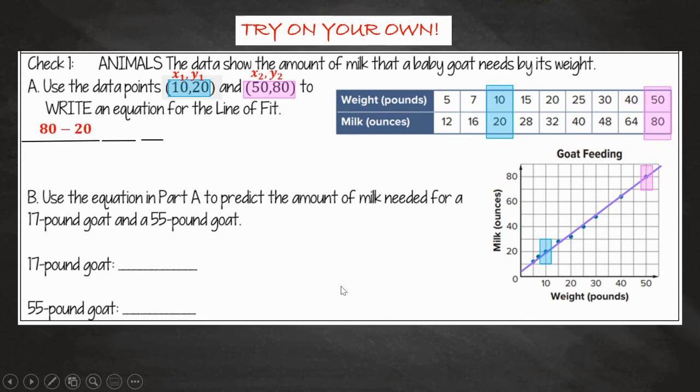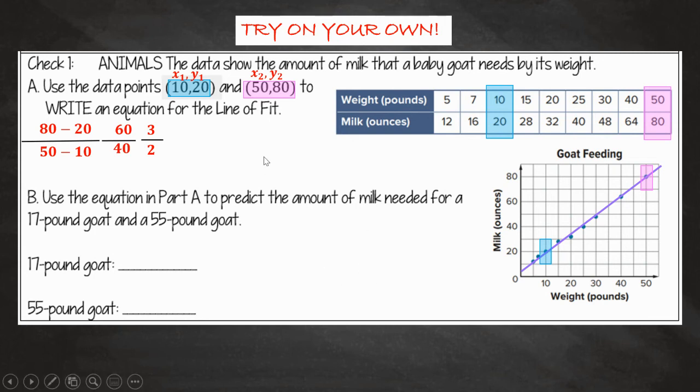Remember to use what you learned from Module 2 as far as how to find your y-intercept, because here our y-intercept is not given to us in the table and it's not a point on our graph. So I'm going to get you there. I'm only going to give you this part. So your slope of 3/2.